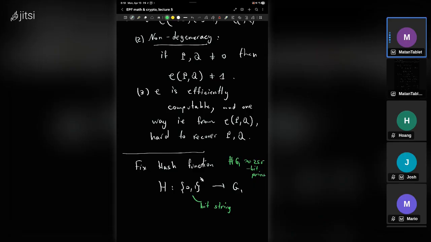So once you choose some identification, you get a hash function into G1 instead of into bit strings of length 256.